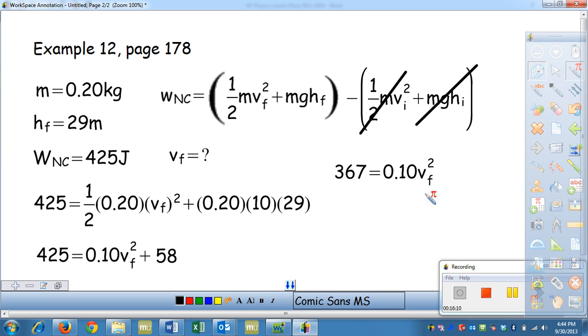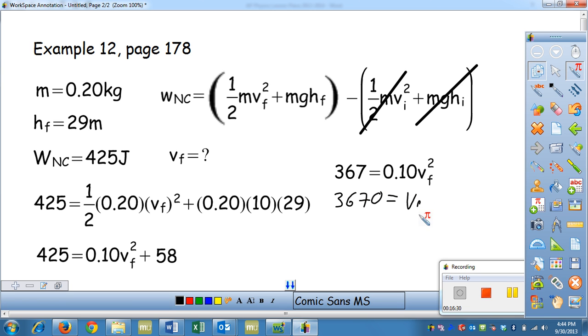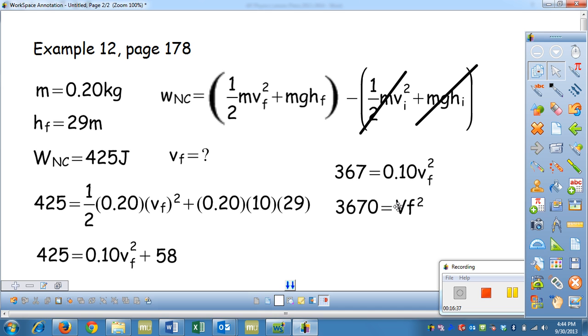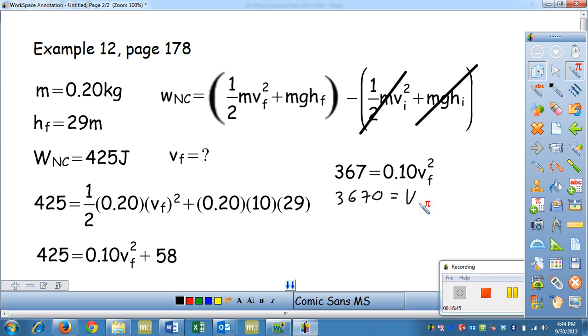Okay, cool. So we're going to divide both sides by 0.1. That's the same as multiplying by 10, so that's going to be 3670. Let me just check it to make sure. 3670 equals V final squared.